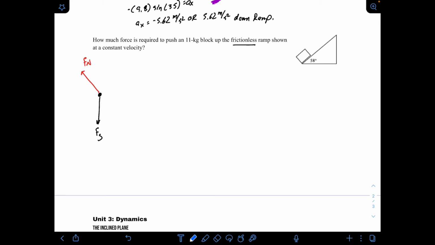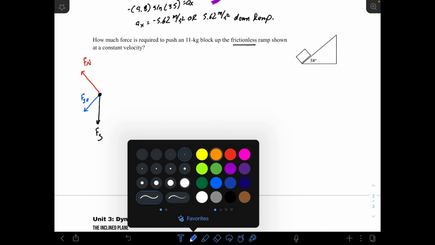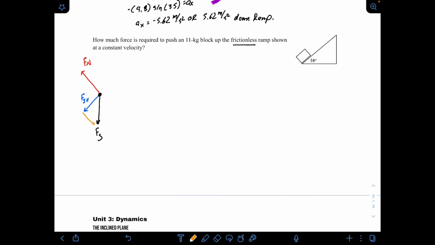The parallel component of weight pushing down the ramp is going to go this way. So Fg parallel. Then I have the perpendicular chunk right here. It is Fg perpendicular. And then the angle that we're looking at is this guy right here.